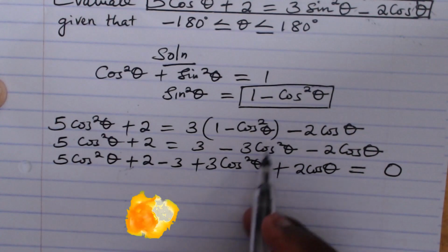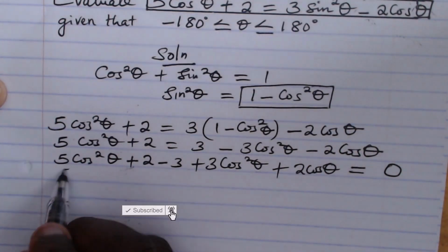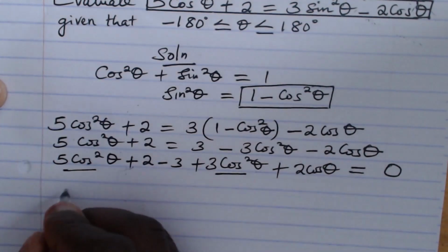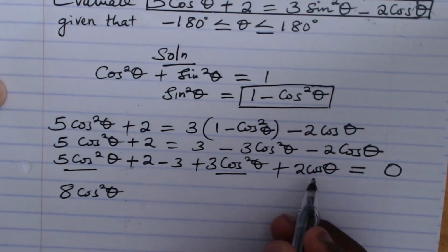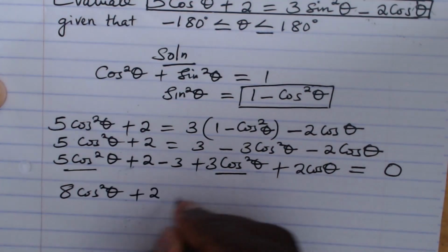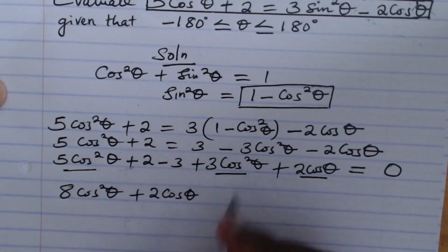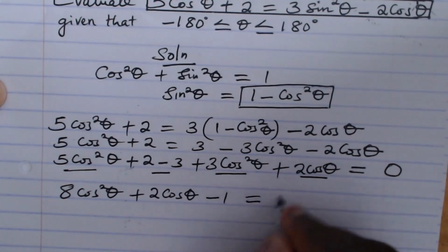Collecting like terms, 5 cosine squared theta plus 3 cosine squared theta gives 8 cos squared theta, plus 2 cosine theta, then 2 minus 3 gives negative 1, equal to 0.